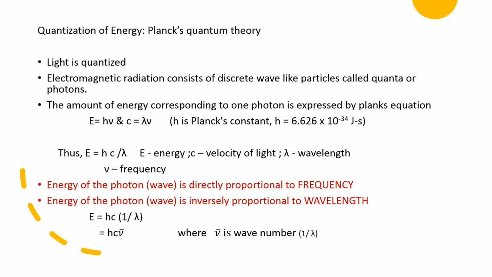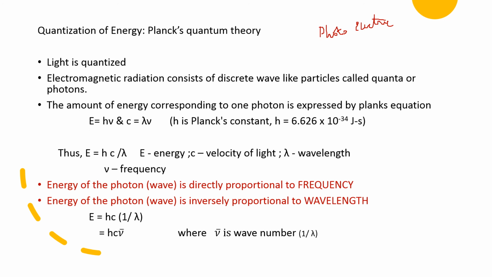But the wave nature of electromagnetic radiation is able to explain only reflection and refraction, but failed to explain the photoelectric effect. So it was Max Planck in the year 1900. He came up with an idea that the energy of an oscillator is discontinuous.